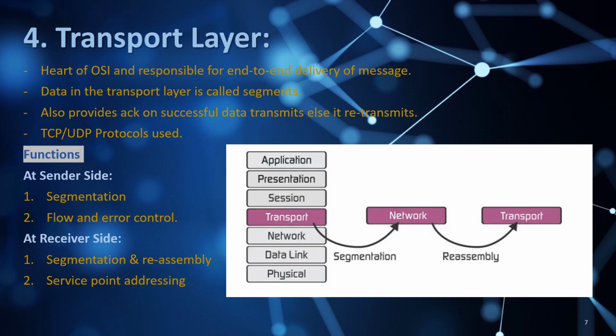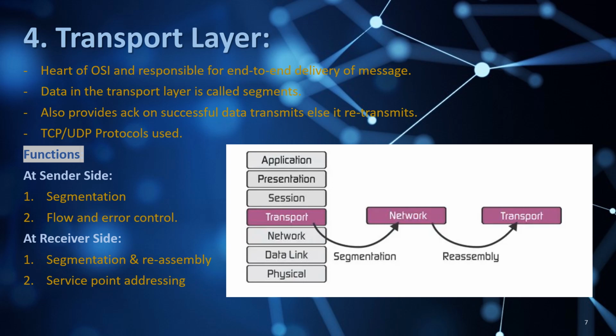The transport layer delivers the data not only to the receiving device, it also sends the data to the application or process running on that device. That is the responsibility of the transport layer.